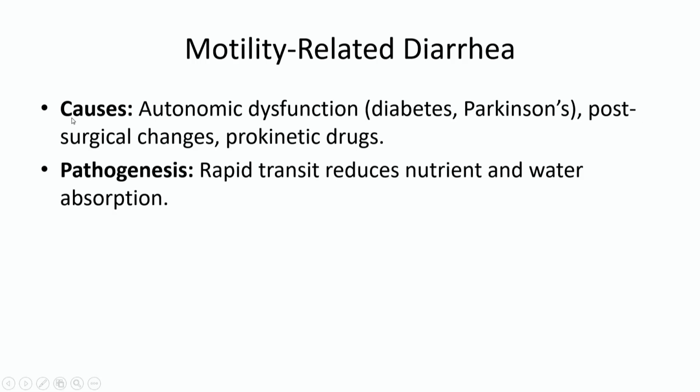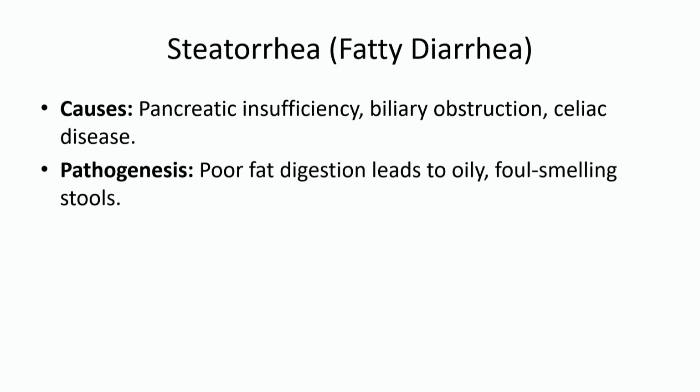Post-surgical changes and prokinetic drugs cause motility-related diarrhea. So rapid transit reduces nutrient and water absorption. Rapid transit means very fast flow. The intestine is very long. If your food is flowing slowly, then absorption is better. If not, then you have diarrhea.